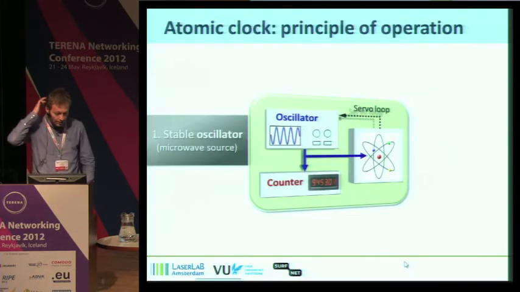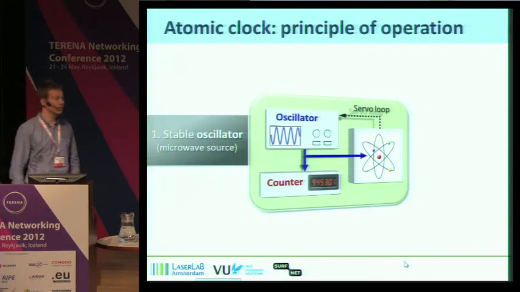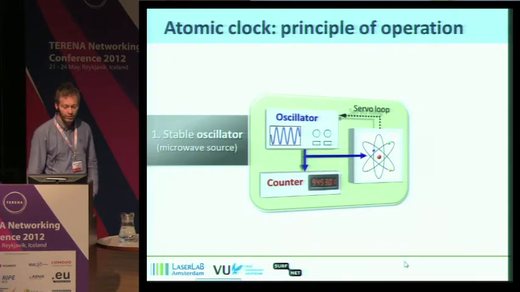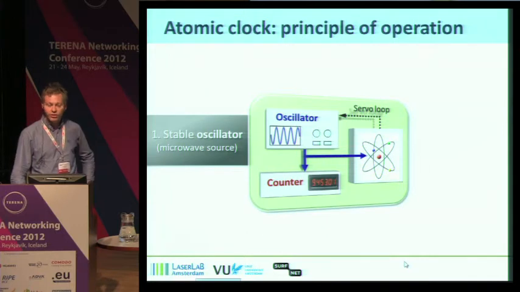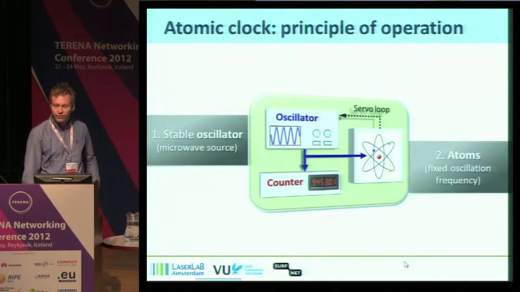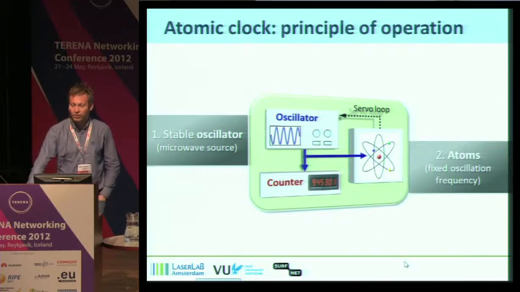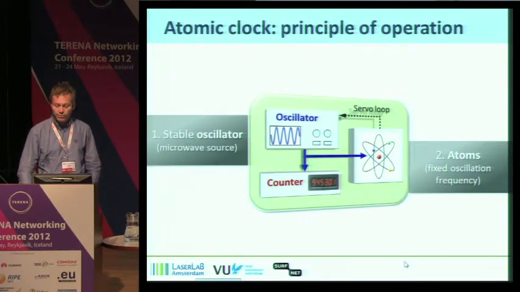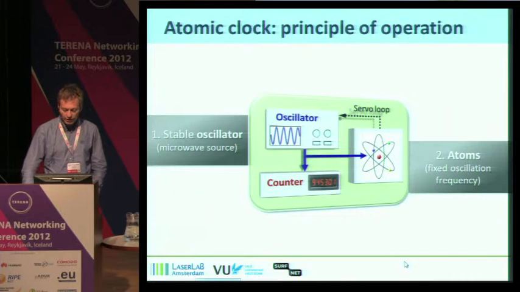Any atomic clock basically consists of three elements. One is a very stable oscillator, for instance a microwave source, that you reference to the oscillations inside an atom. You can find atoms that have very pure and very accurate oscillations, and you can use those microwaves to set the atoms in oscillation, and you build a servo loop to keep your oscillator frequency fixed to the atomic reference frequency.